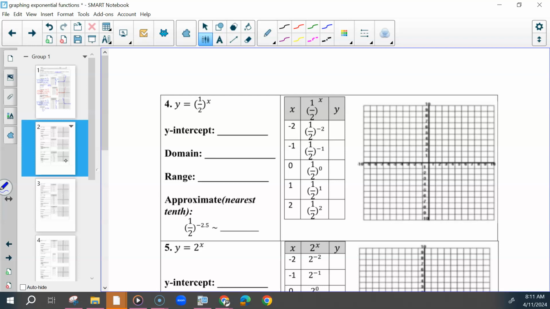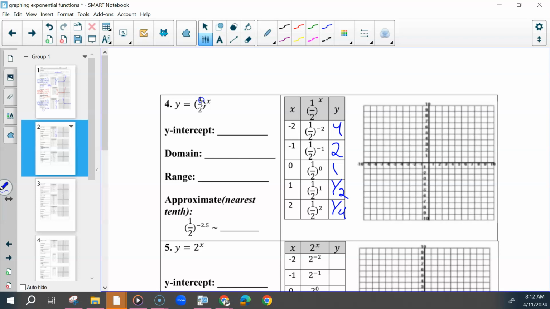So for number 4, again we have a fraction base. 1/2 to the negative second would be what? 4. 1/2 to the negative 1. 1/2 to the 0. 1/2 to the 1. 1/2. 1/2 to the second. What's that pattern? What's happening? You're dividing by 2 each time.